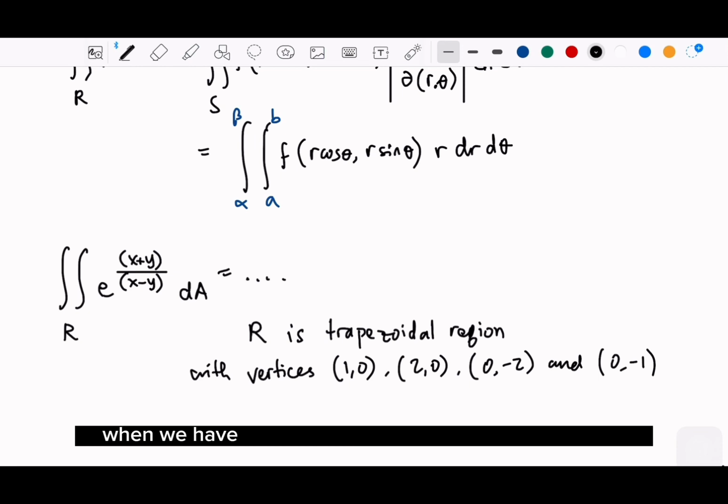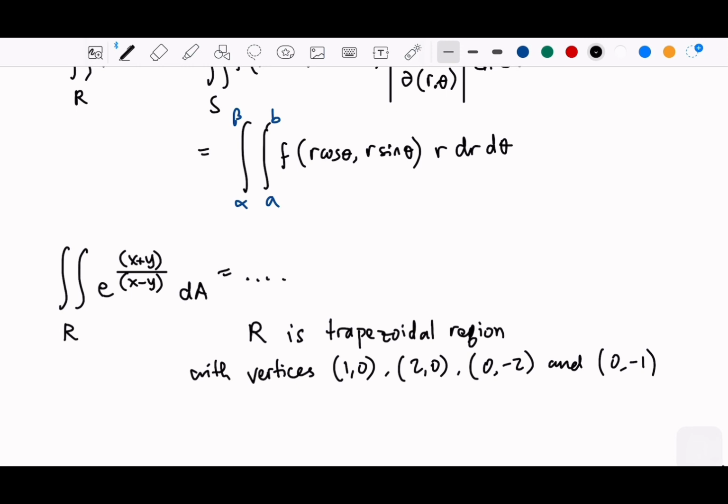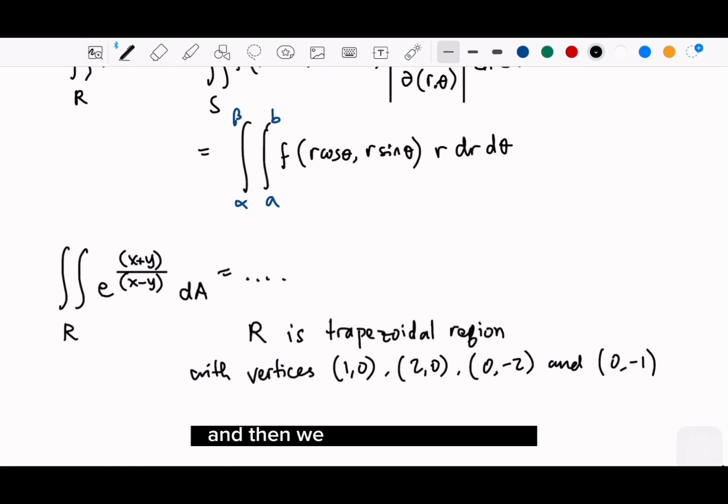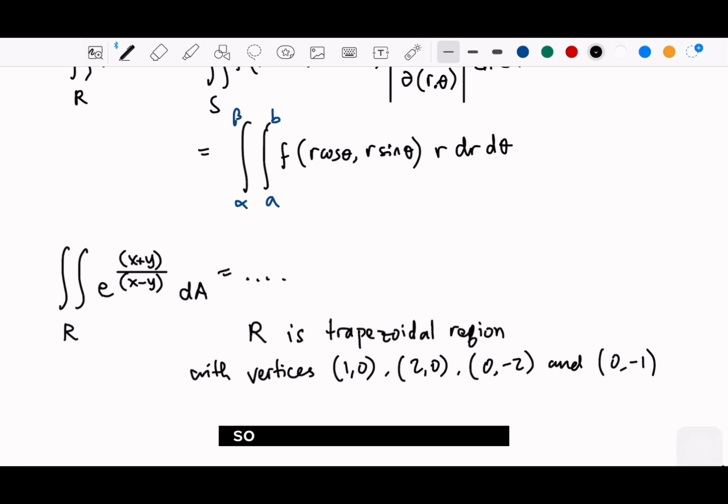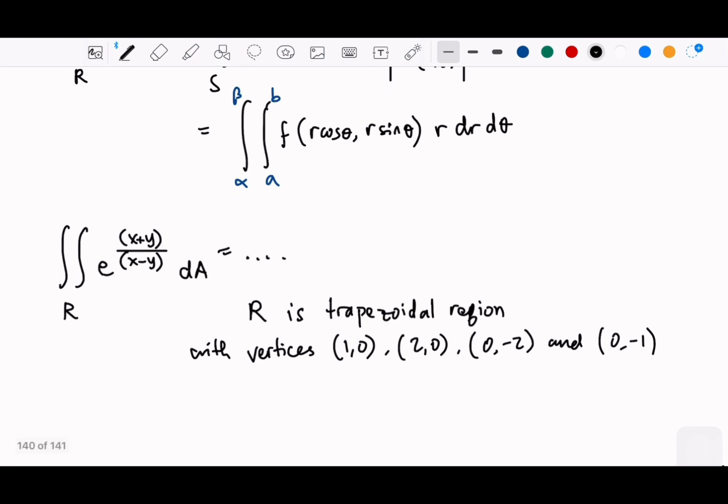When we have all u and v within this x plus y and x minus y, our job is to take these numbers and get the result for uv, because we want to exchange xy to uv, right? Okay. So you can draw it if you want, just to confirm whether you are correct or not.